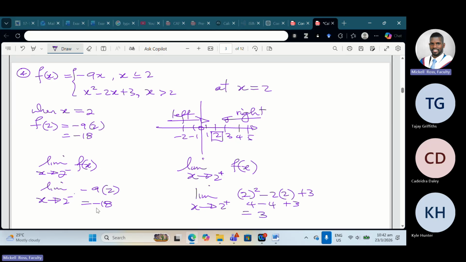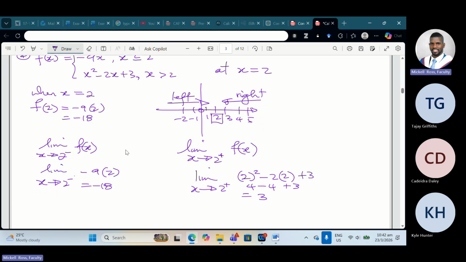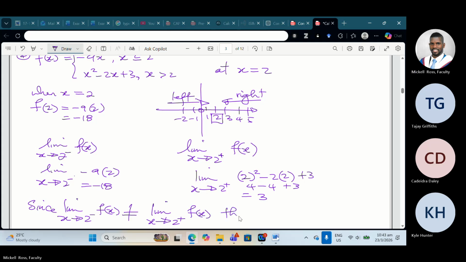So notice when it approaches from the left-hand side and from the right-hand side, you get two different answers. So since the limit as x approaches 2 from the left-hand side of f of x is not equal to the limit as x approaches 2 from the right-hand side of f of x, the function is not continuous.